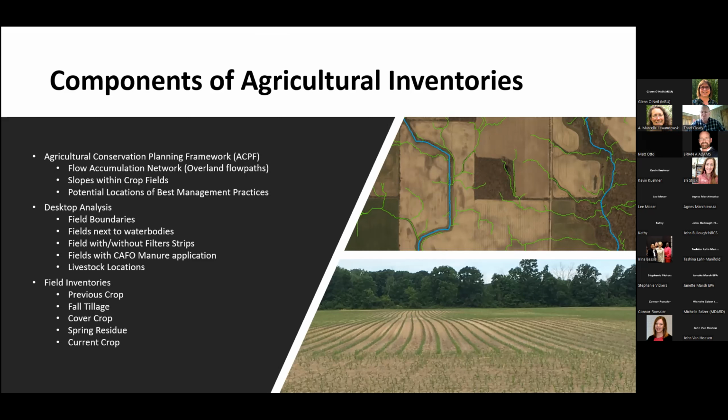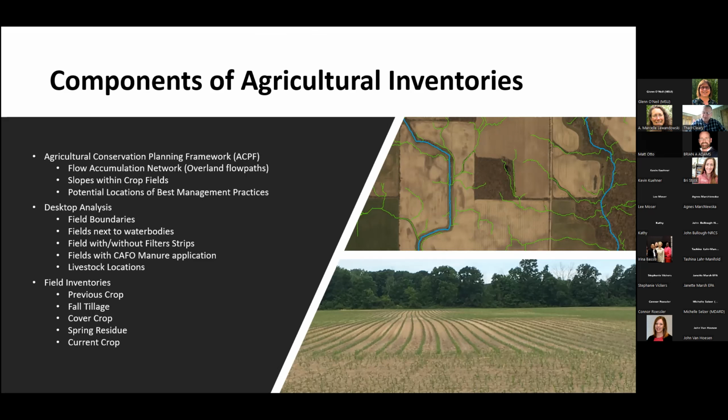We document whether it's greater or less than 30%, that NRCS cutoff line for controlling soil erosion. And then we also document which fields have zero residue left, or if they were planted with no-till. With no-till, we know those fields are going to be over 30% residue, but we just want to document how much no-till planting is actually occurring in these watersheds.